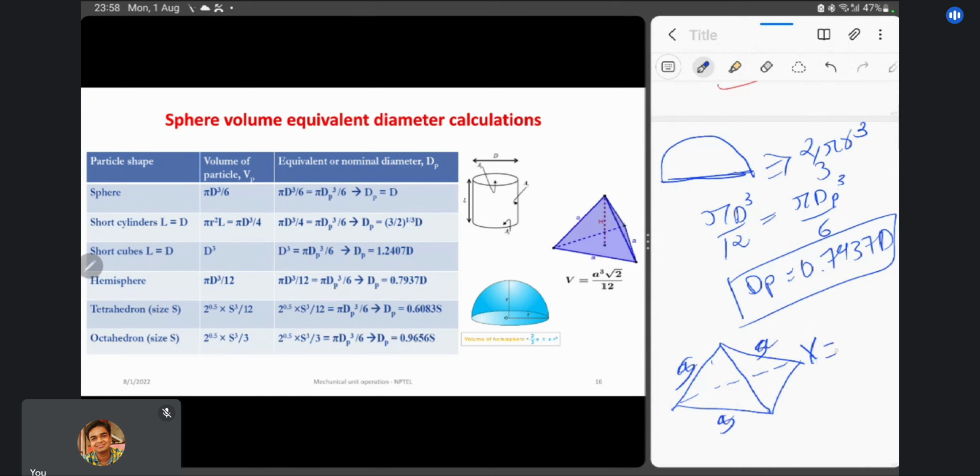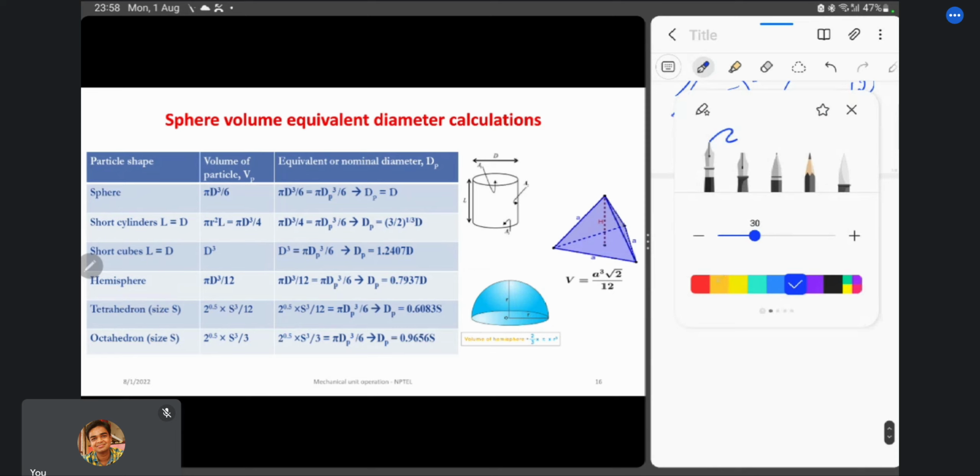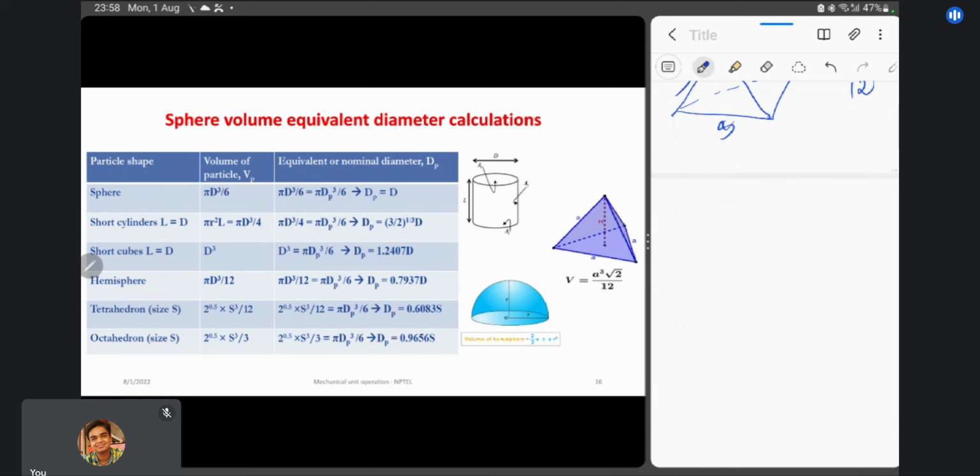The volume is S cube root 2 divided by 12. This is there in geometry, you probably all know about it. That is how we are using this as a volume.